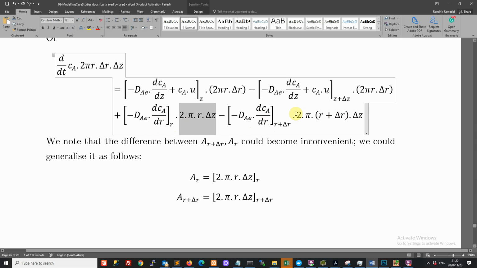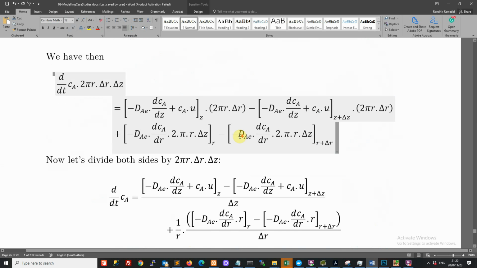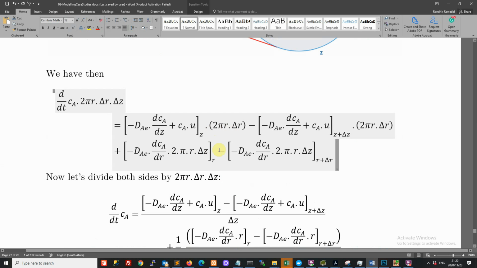So if we bring this factor in here, we can replace this by 2 pi r delta z, and it's just that r is evaluated at r plus delta r. So our equation can now be written like this. We brought those terms in, and now we can see we've got the same form here.